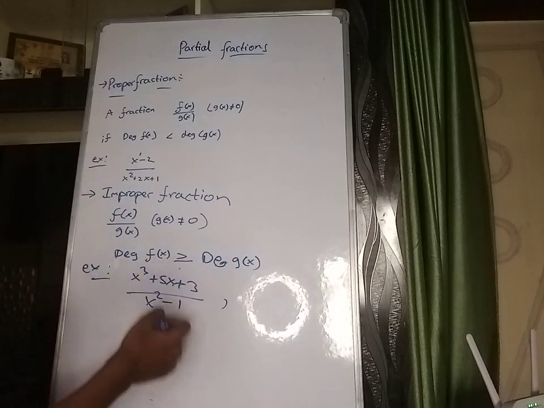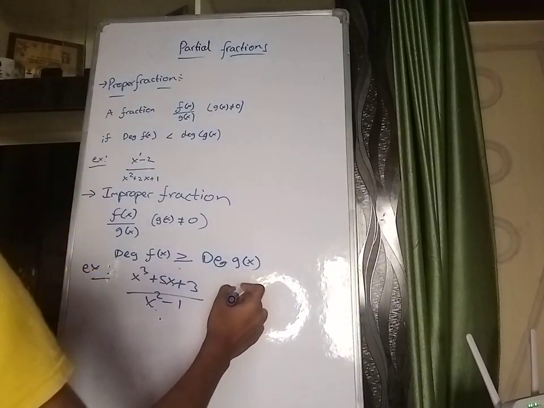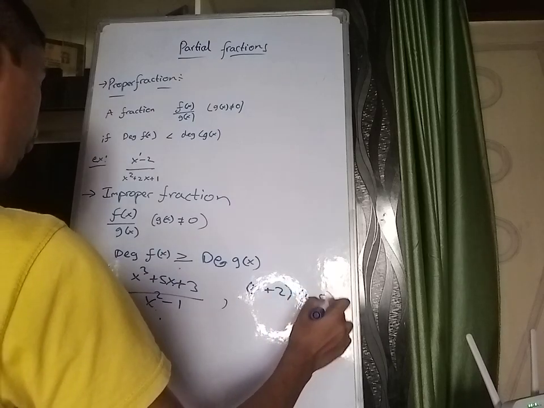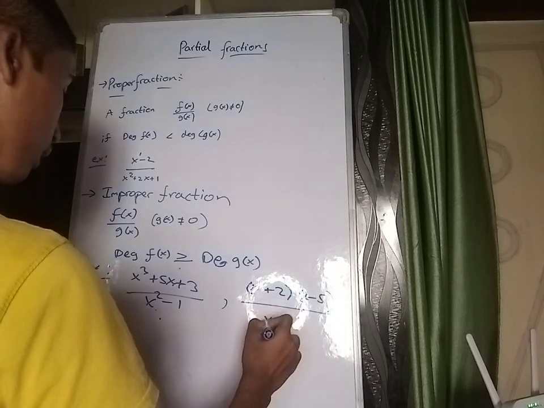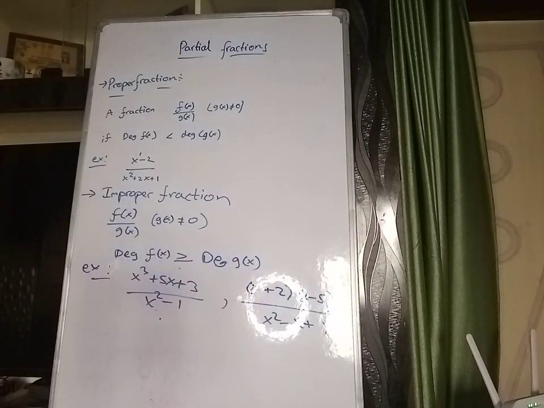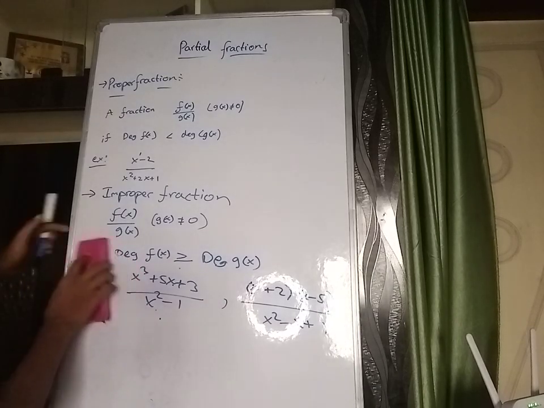So 3 by 2 is an improper fraction. Similarly, x plus 2 into x minus 5 divided by x square minus x plus 1. So these are some proper fractions and improper fractions.